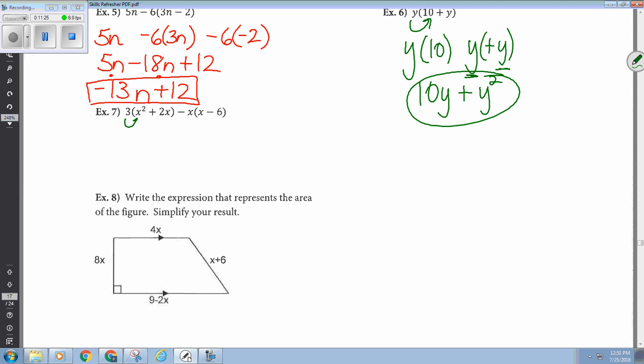So you have 3 times x squared, and then 3 times a positive 2x. Take care of those 2 first. 3 times x squared is 3x squared. 3 times positive 2x is positive 6x.